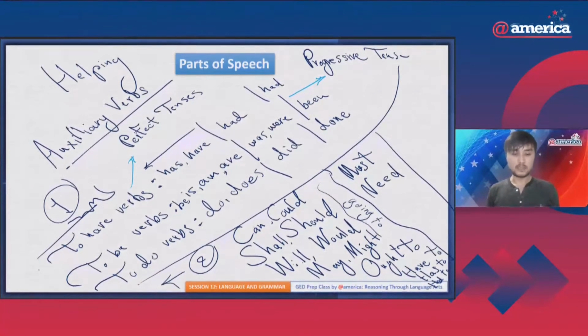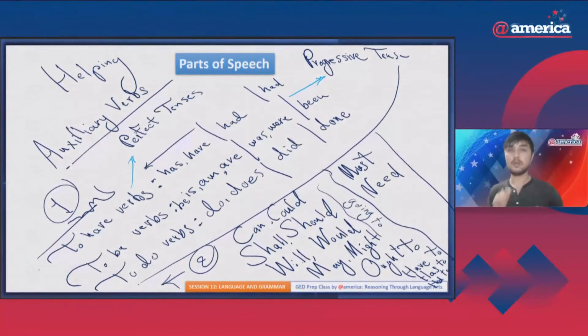So we said that, for instance, if I use it for present perfect progressive tense, we say, I have been doing this. If you want to talk about present continuous tense, you say that, I am doing this. If you want to talk about past progressive tense, I was doing it.